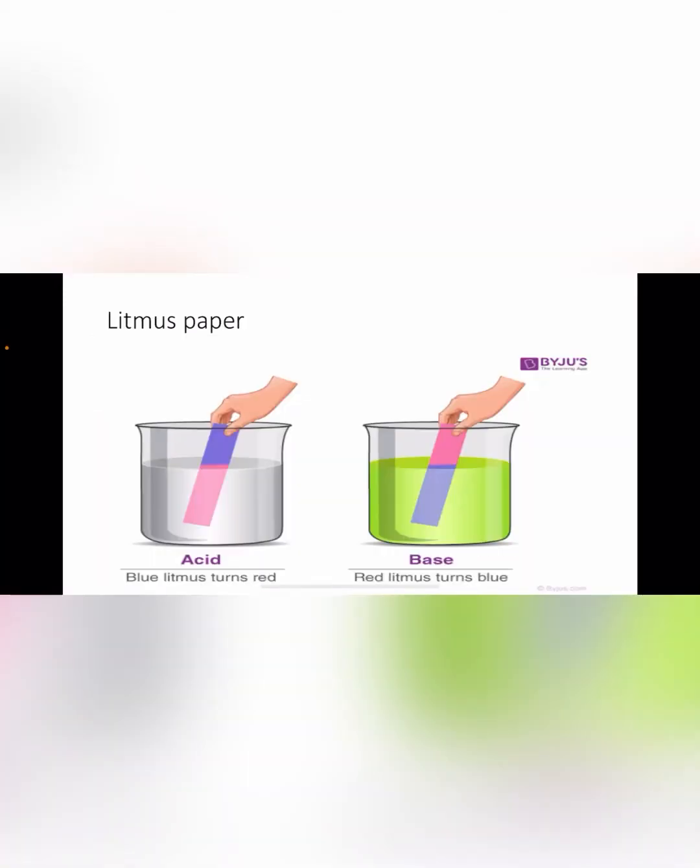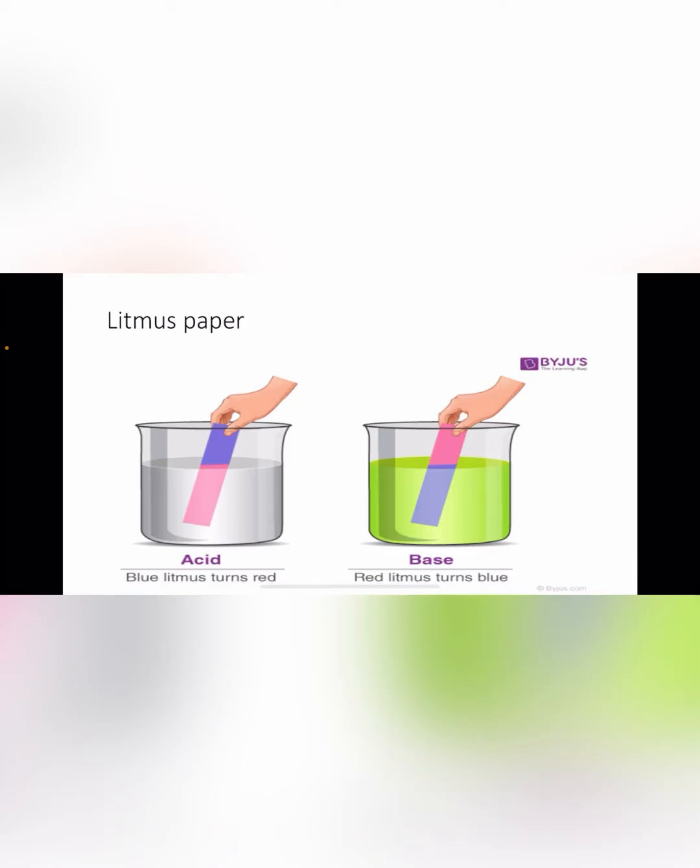So now we're going to look at different ways to test whether the solution that we have is an acid or a base. We have two ways of testing that, and the first is what we call the litmus paper. What is a litmus paper? A litmus paper allows you to determine whether a solution is acidic or basic.